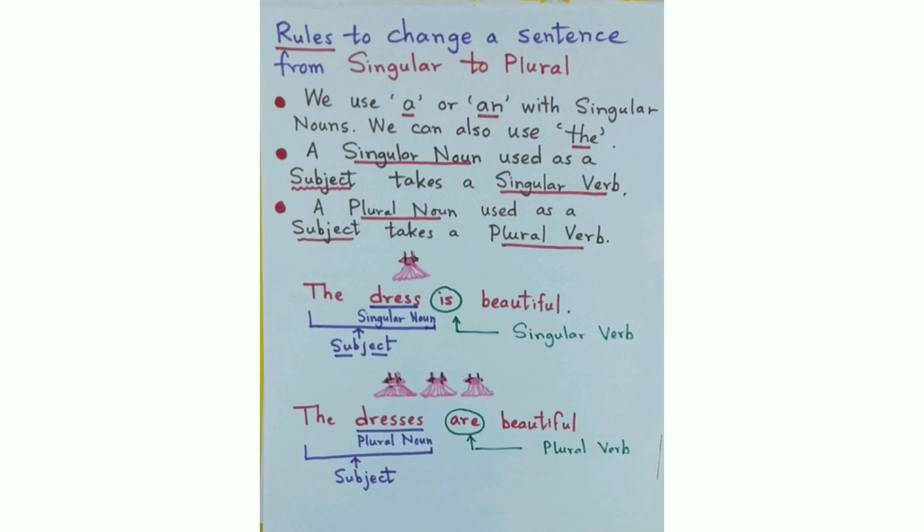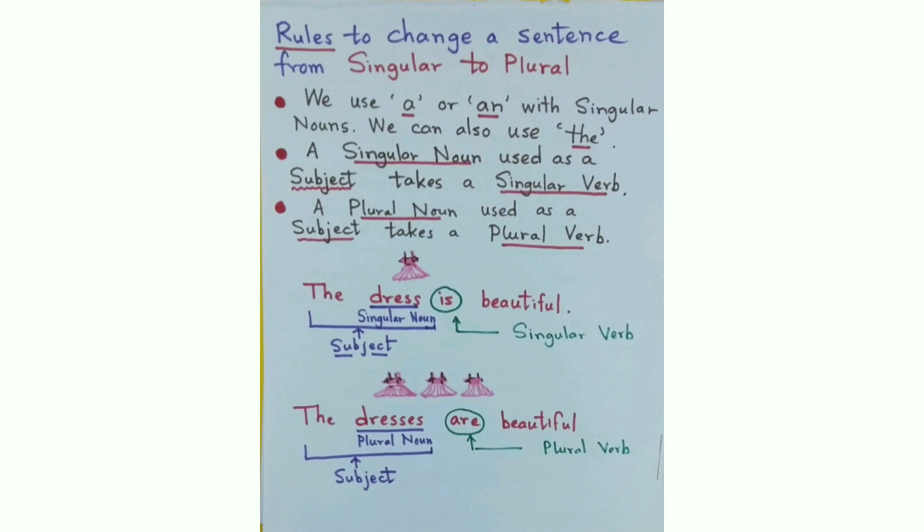We use a or an with singular nouns. We can also use the. Rule number 2. A singular noun used as a subject takes a singular verb. Rule number 3. A plural noun used as a subject takes a plural verb.